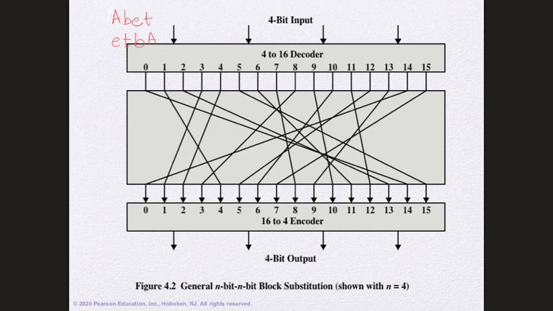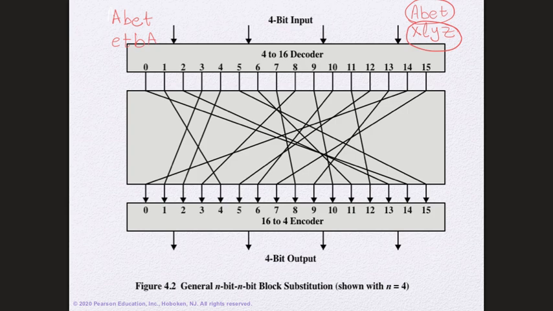The reality is, when I do a group to group, when I do block cipher, I can do anything. I can map A, B, E, T to something like X, L, Y, Z, and that mapping says that those four letters are always going to produce those four letters. There is no association between a single letter and a single letter. Let me elaborate a little more with an example.